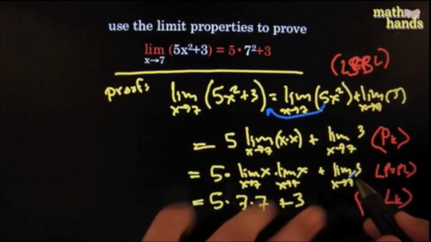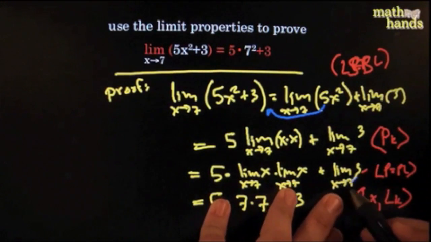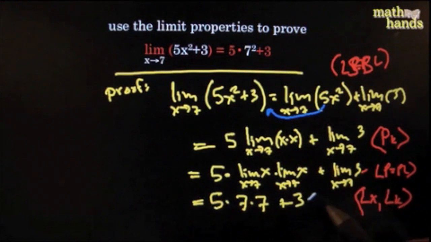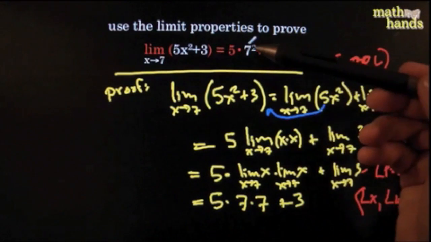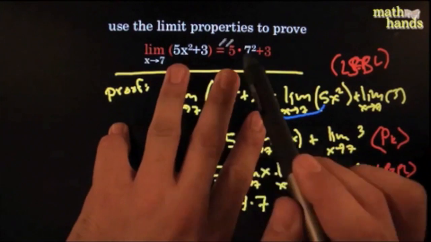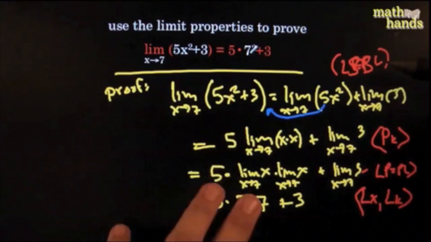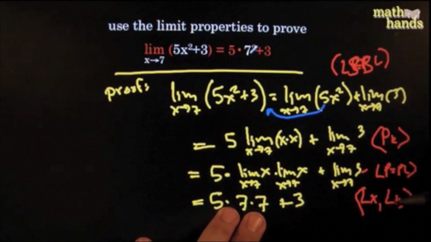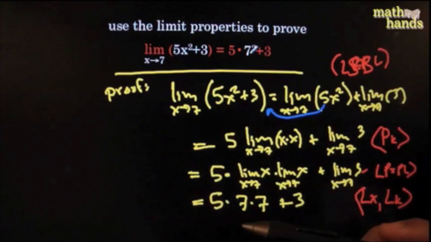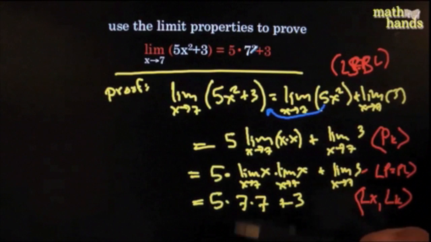Limit of a constant, there's no x there, so it's not changing, so as x goes to 7, the limit is still 3. And that proves it. This proves what, our prediction before. Using the plug-in method, we would have gotten this answer, and this is a way of grounding it on very, very solid terms, ultimately on epsilon-delta definitions, which are very, very firm.